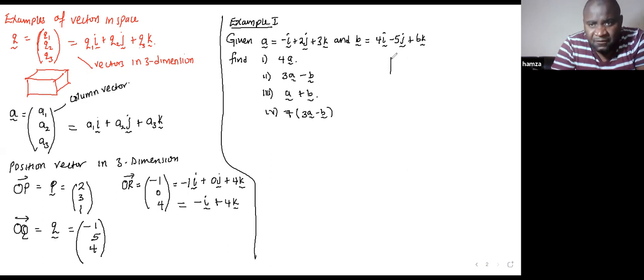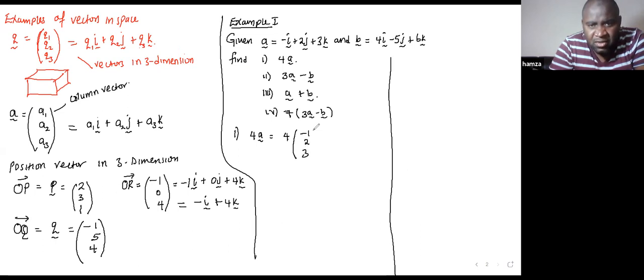So according to the question, the first question wants us to find Roman 1, 4a. It means 4 is a scalar multiplier, multiplying vector a. But what happens is, if vector a is -1, 2, 3, the reason why we need to always better use column form, we might forget the vector notations. And never in your mind should you combine the vector notations of i, j, k and then put them in the column. When you write the column vector, you do not need to put there i, j, and k. Now, this 4, you should recall matrices. How do we multiply a scalar multiplier by a matrix?